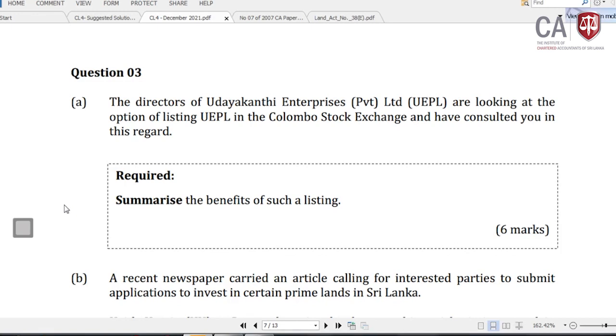And on the other hand, let's assume I am an investor invested in a listed company. When I am holding a share, I can easily find out the value of my share, because the share price fluctuates based on the demand and supply, but it is available for you to check daily on the Colombo Stock Exchange.